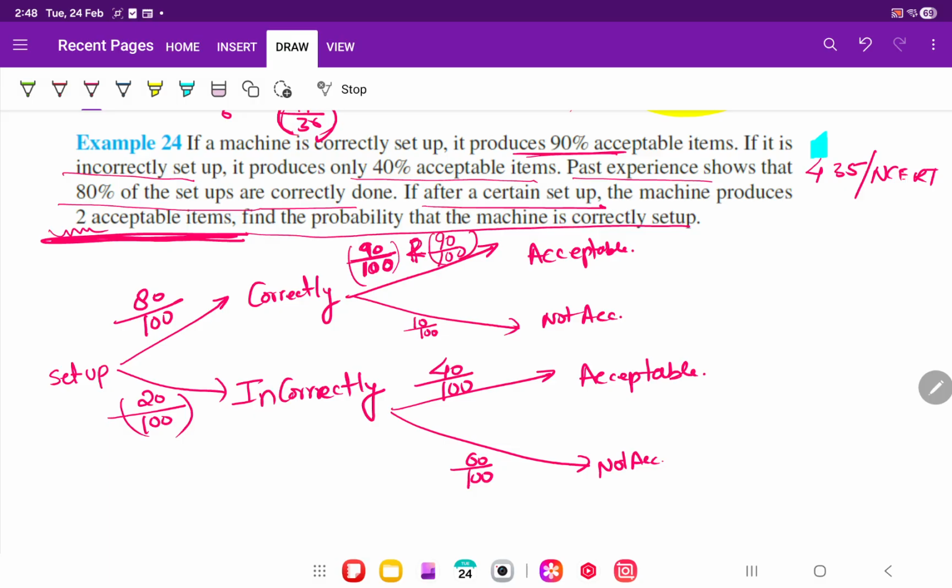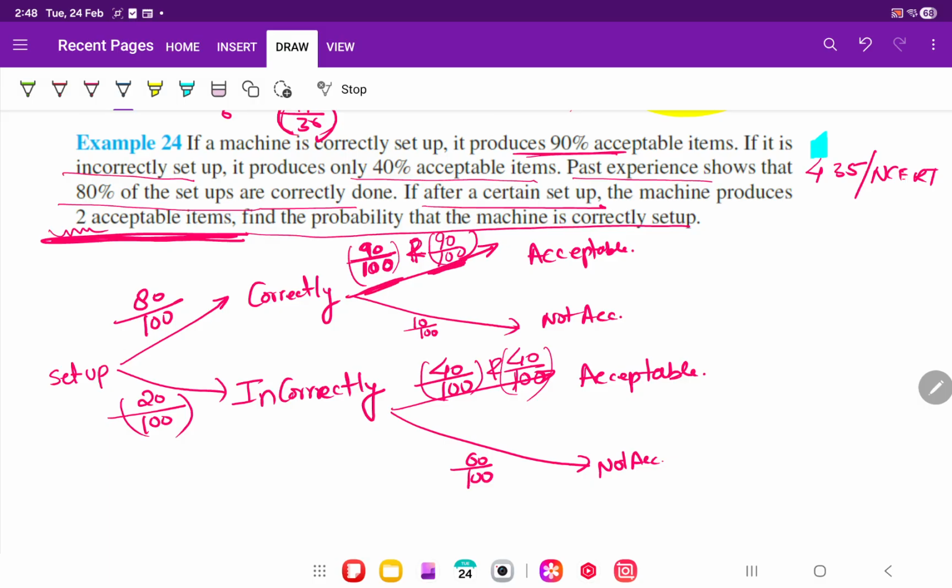Similarly, the probability of an acceptable item remains the same, 40 out of 100. Since we are taking two products, that's why I am using it twice.